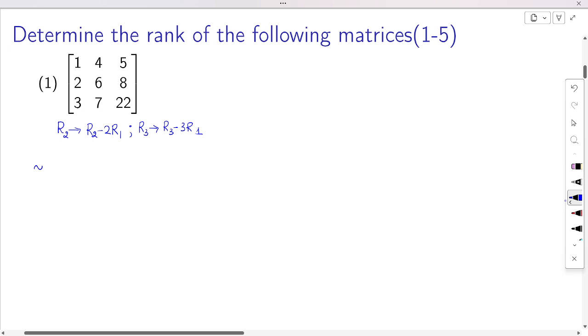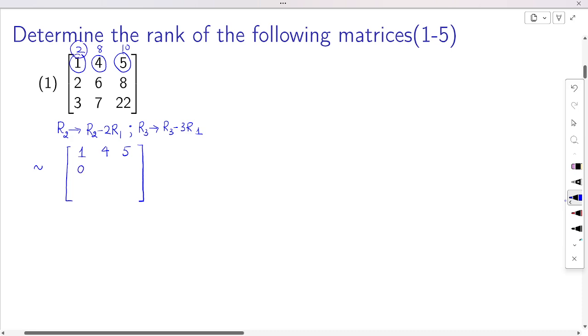Applying these, we get an equivalent matrix, that is 1, 4, 5. When we multiply this row by 2, this becomes 2, 8 and 10. Now we subtract it from row 2.